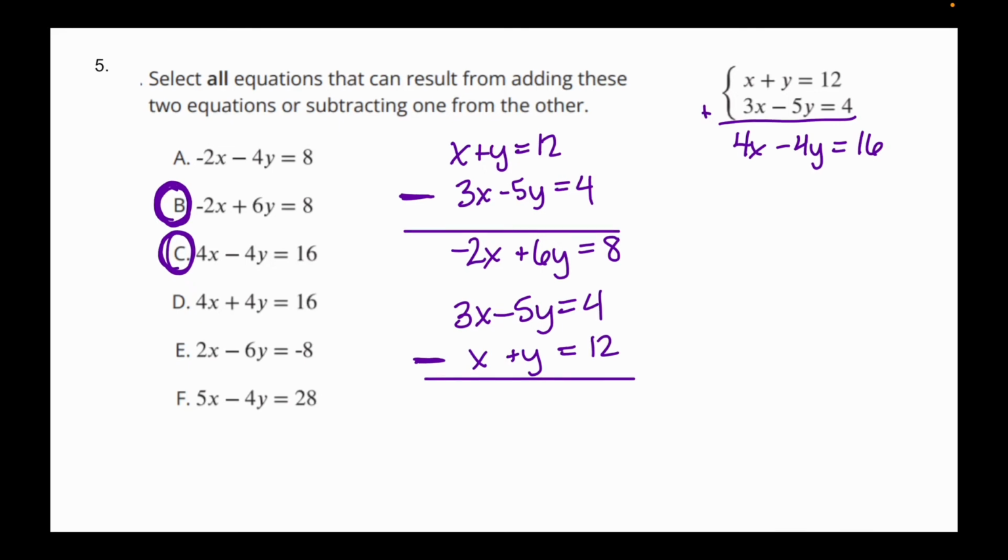So in this case, we would have, instead of negative 2x, positive 2x. Negative 5y minus that y would give negative 6y. And then 4 minus 12 would give negative 8. So that answer is going to be E. So our answers here are going to be B, C, and E.